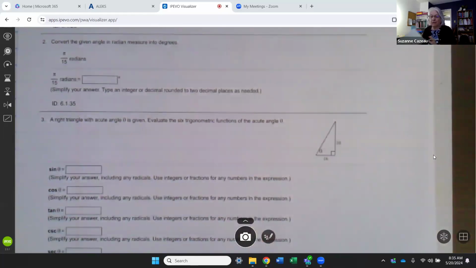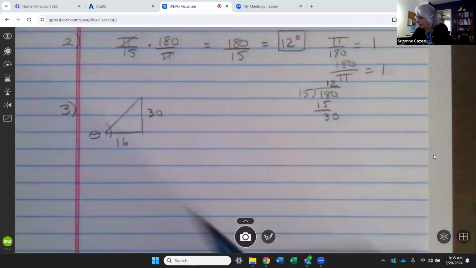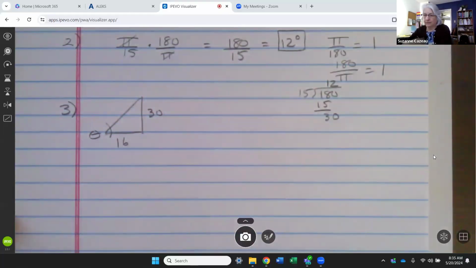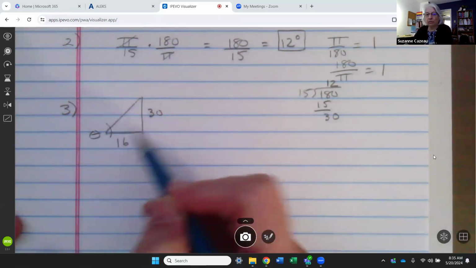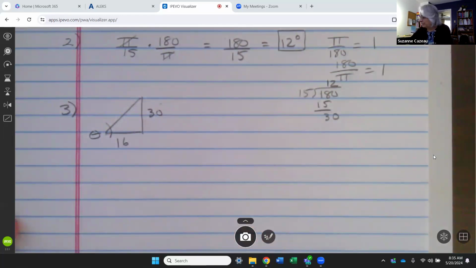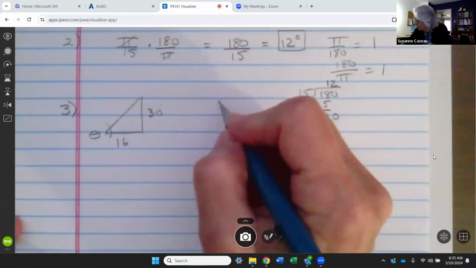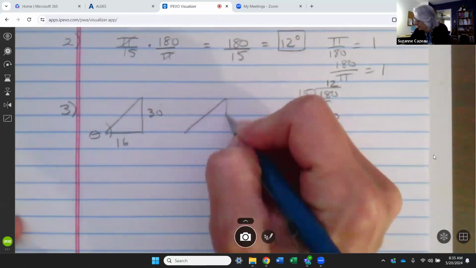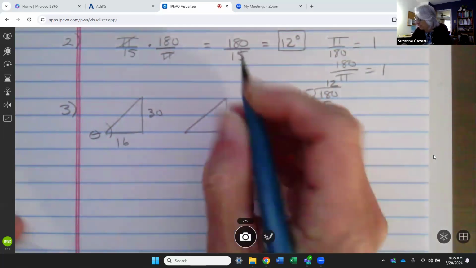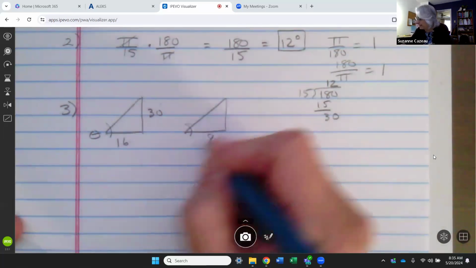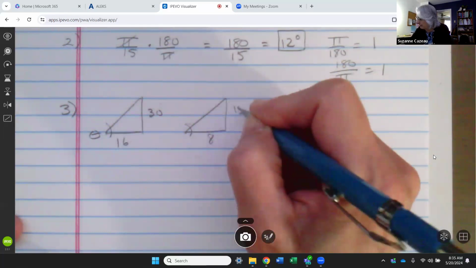Now, in order to find this third side, you'd have to use the Pythagorean theorem, but guess what? You can reduce the fractions down. I'm noticing that both of these are even. Half of 16 is 8 and half of 30 is 15, right?